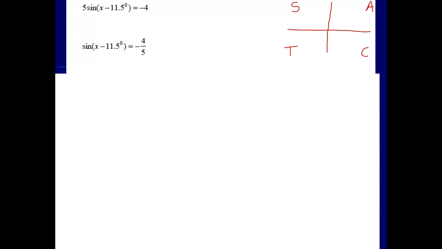So where is sine negative? Here and here, because it's positive here and there. And here I've got 180 plus alpha. And here I've got 360 minus alpha. So what I'm looking for is alpha such that alpha is just inverse sine of 4/5, yeah?